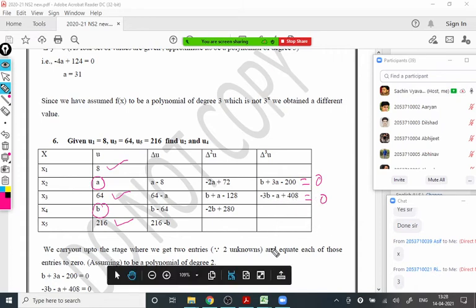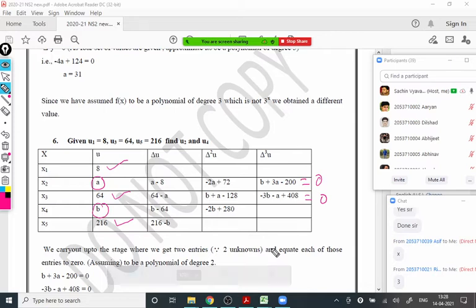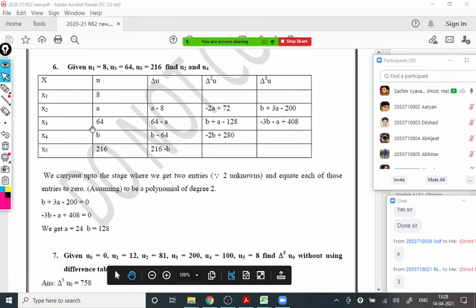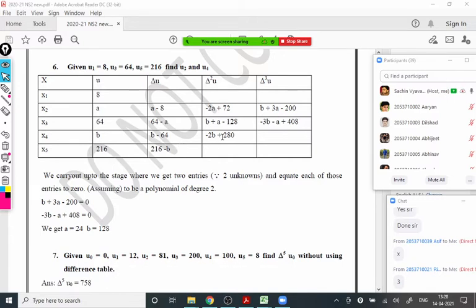You will get both A and B. This way we have to finish it in the exam, if it comes. Here 24 and 128 are the answers for A and B, the missing values. Here we are approximating by a polynomial of degree 2, and third differences are 0.